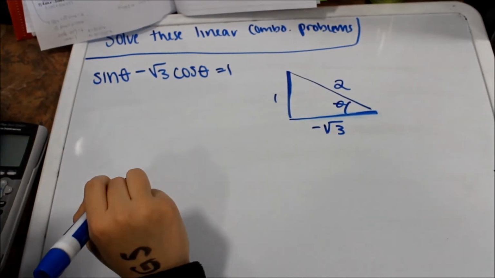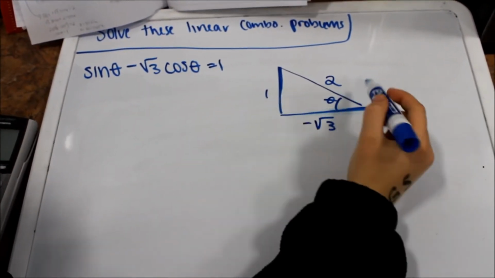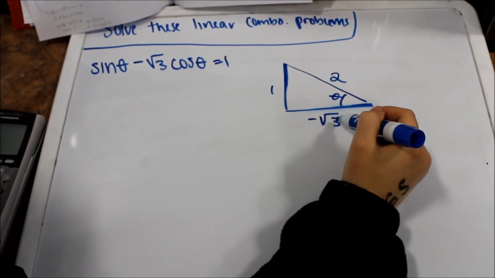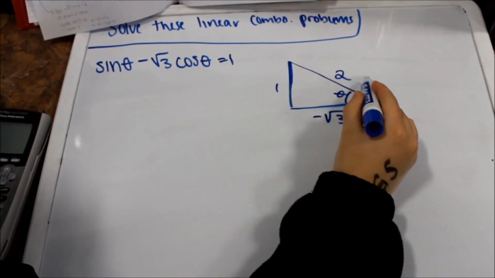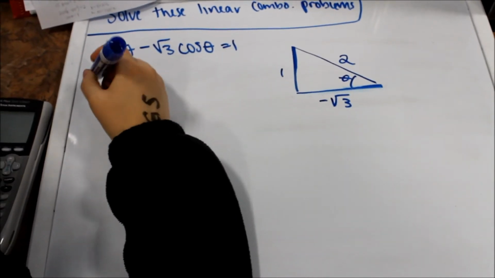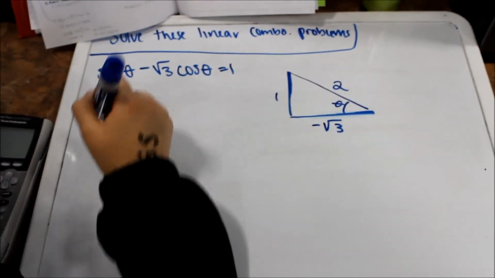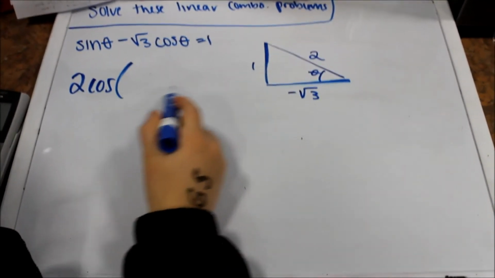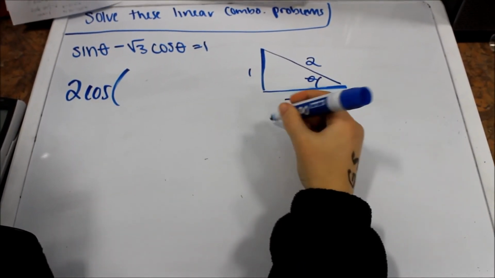Okay, so what we're going to do is transform it. So 1 squared plus square root of 3 squared is equal to 4, and that is 2. So we know that for our new equation, a will be 2, and then we have cosine. Next, we're going to find the transformation for the new equation.